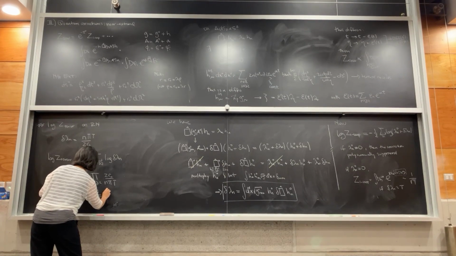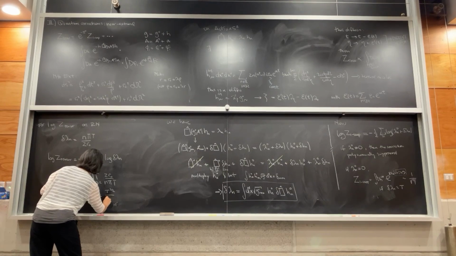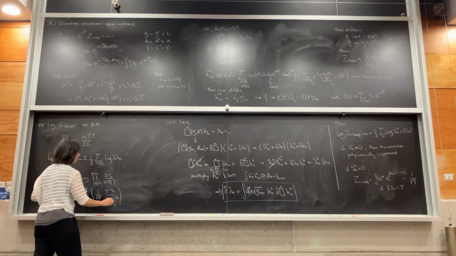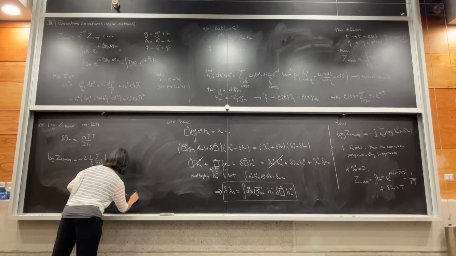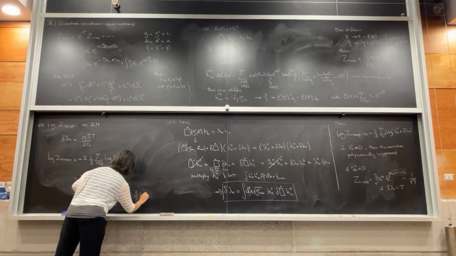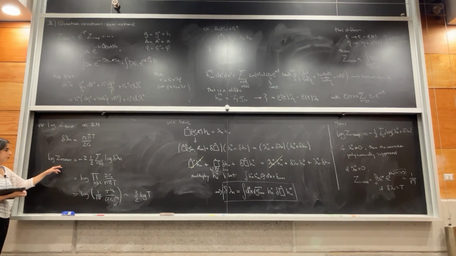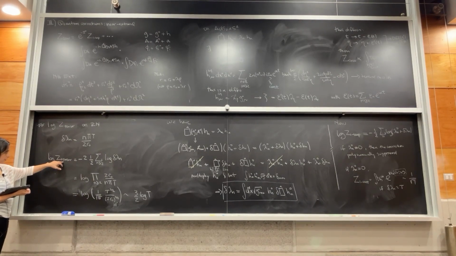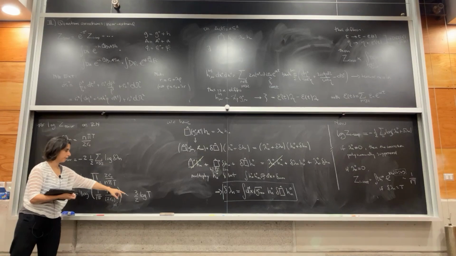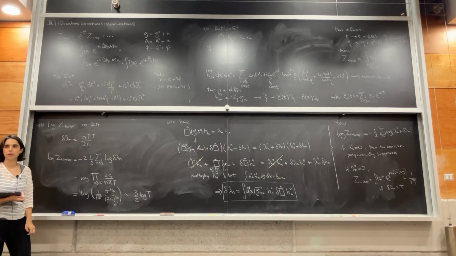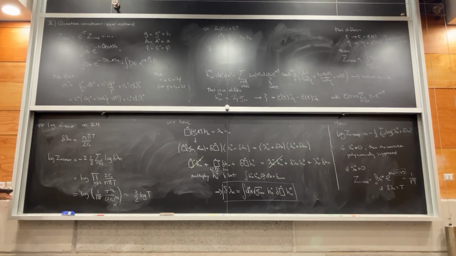The bottom line is that the log of this tensor part of the contribution to the path integral is 3 halves log t. Okay?